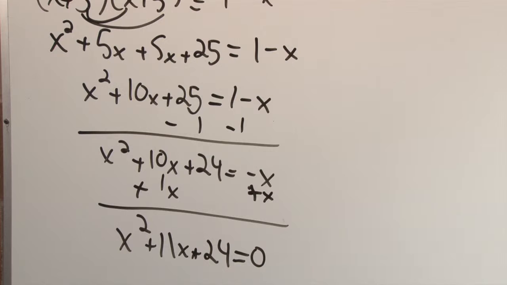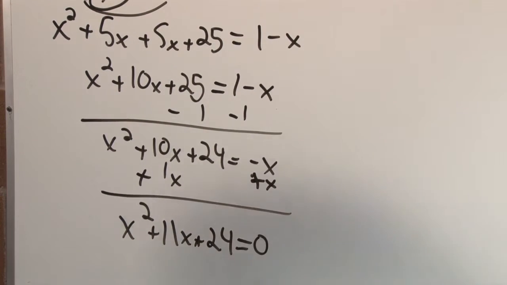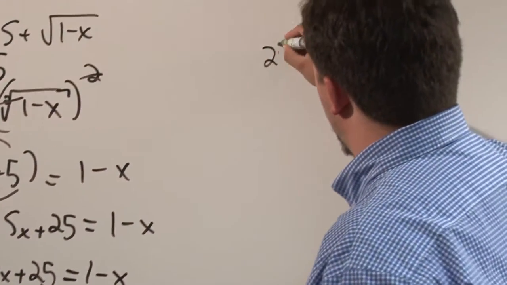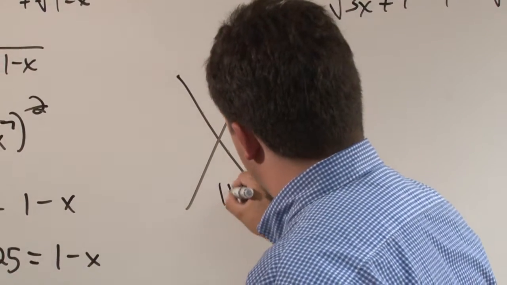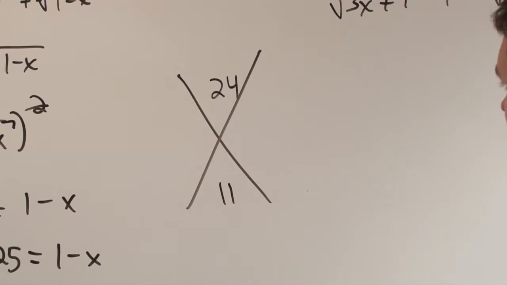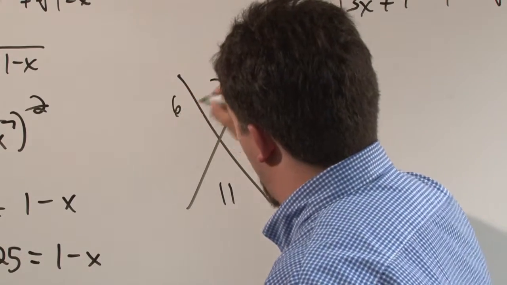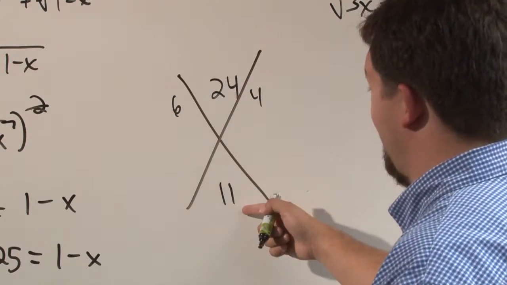Now, since this is near the end of the classes that we tend to offer here at TMCC for Math 96, we're probably already comfortable with seeing how to factor these. And the trick is, what two numbers multiply to 24 but add to 11? This is the way I like to organize my thoughts. The very first thought I had was 6 and 4. Well, 6 times 4 is 24, but 6 plus 4 is only 10.